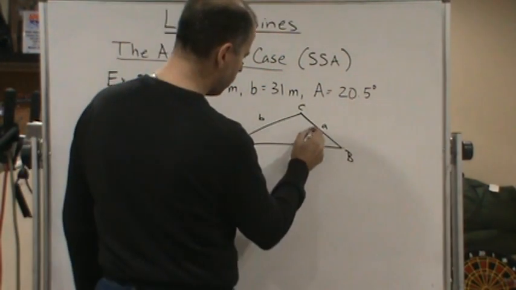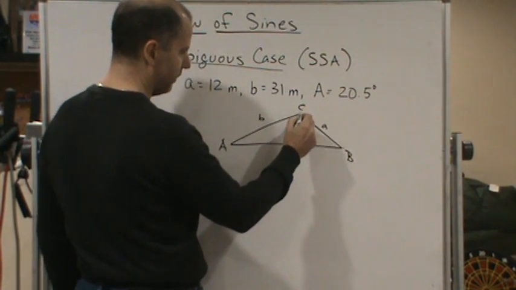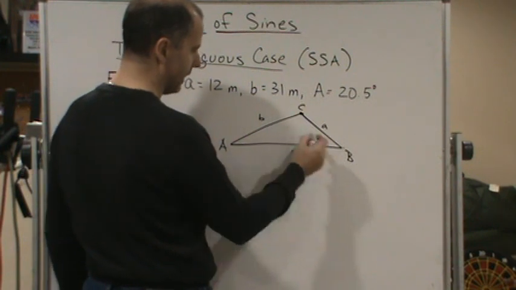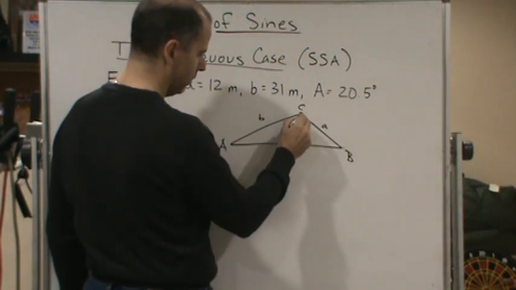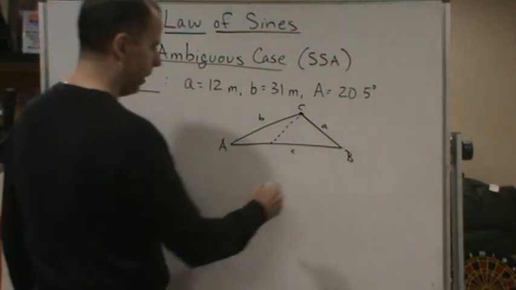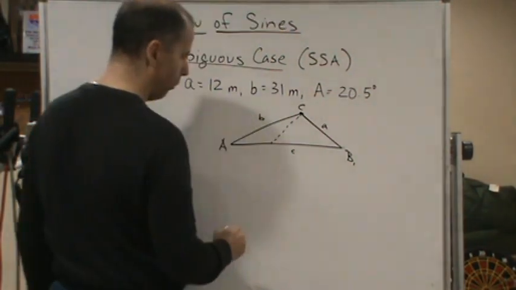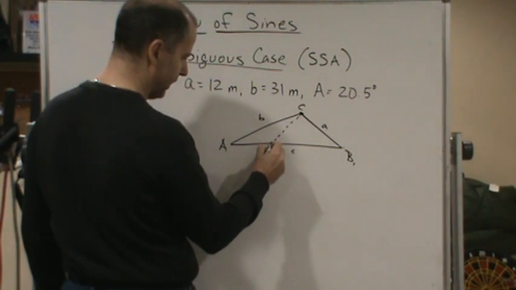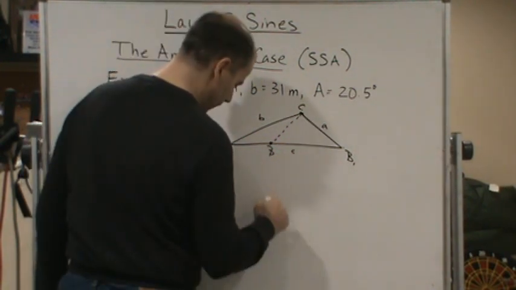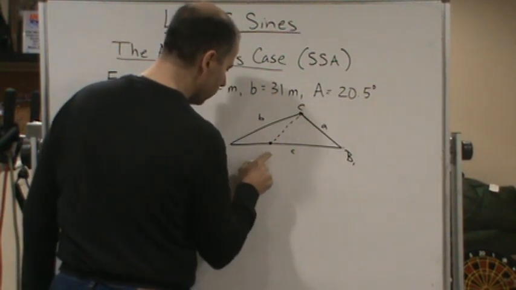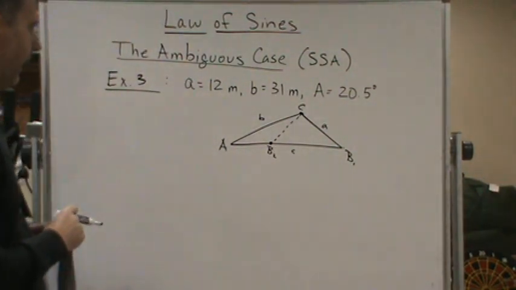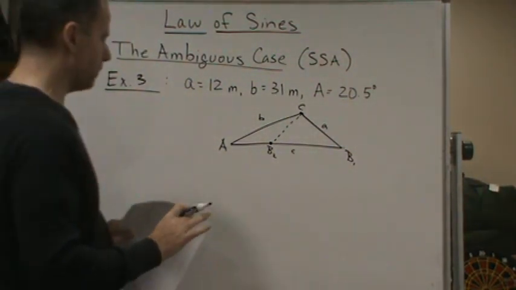So now if I draw, let's say again, think of there's a hinge here at C, and I'm going to swing this across. I'm going to get an isosceles triangle that looks something like that. So here's B1, so that's angle B1, but over here where it touches again, I'll call that B2. So now we've got our two possible triangles.